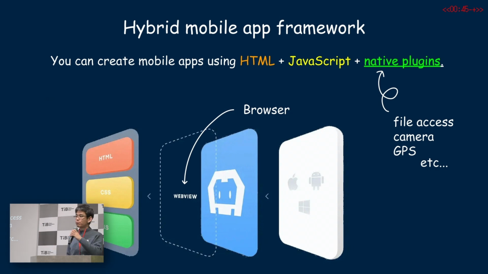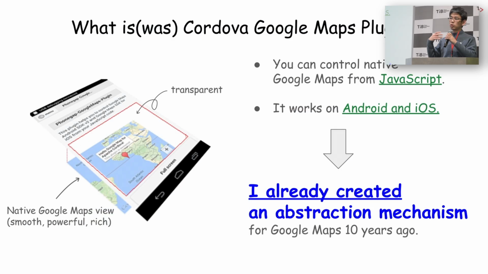My plugin generates a native Google Maps view and places it behind the web view, so you can access the native Google Maps view from your app. You can still manipulate it from JavaScript code. It worked on Android and iOS.